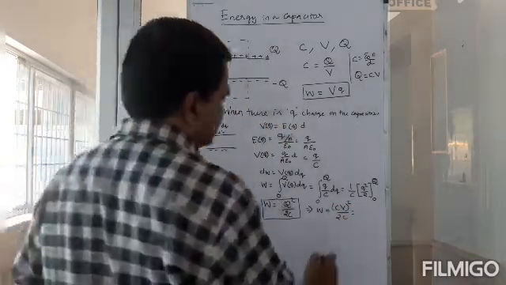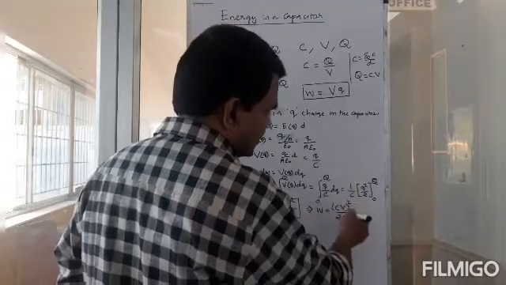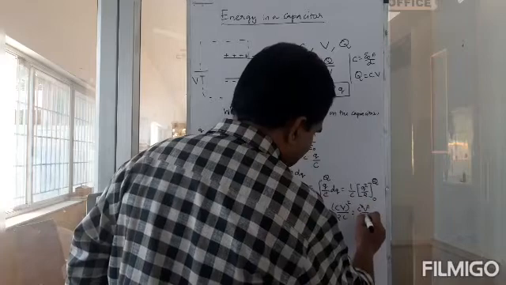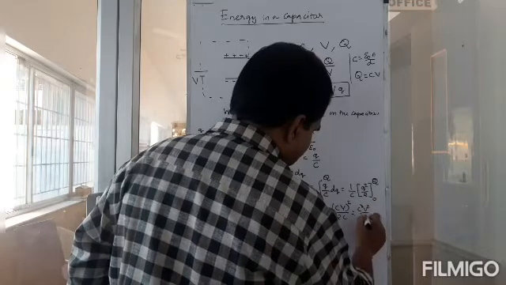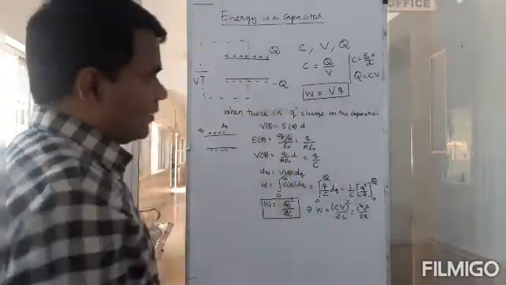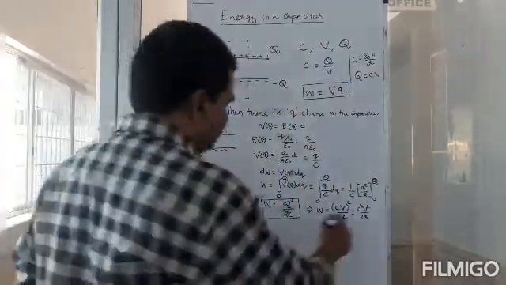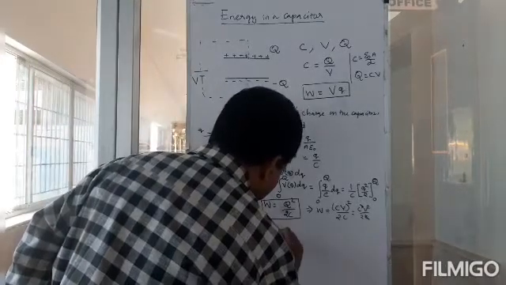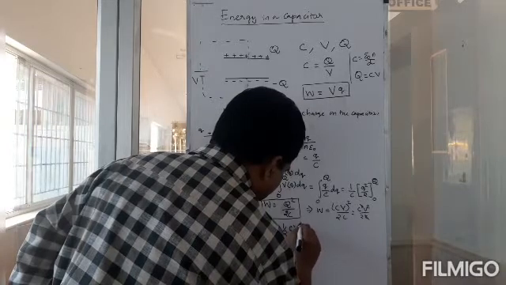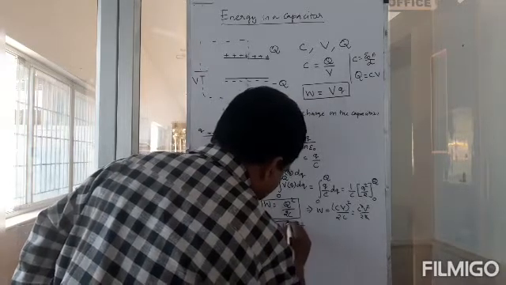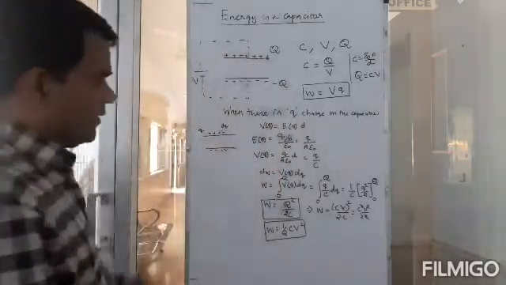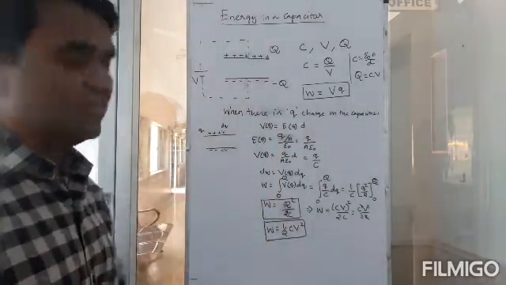So that is going to be equal to C squared V squared by 2C, and this will cancel. So what do you get? Now W is equal to half C V squared. Another expression. This is the same as this.